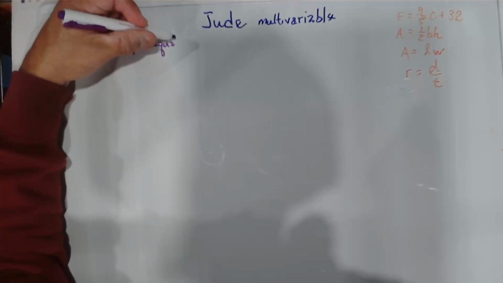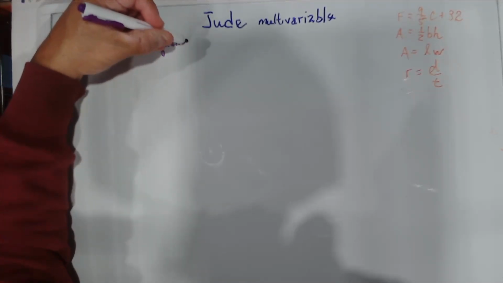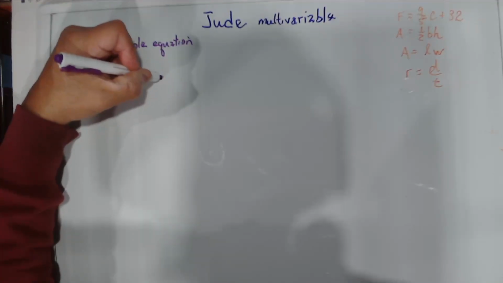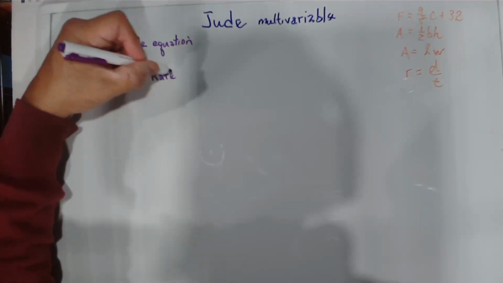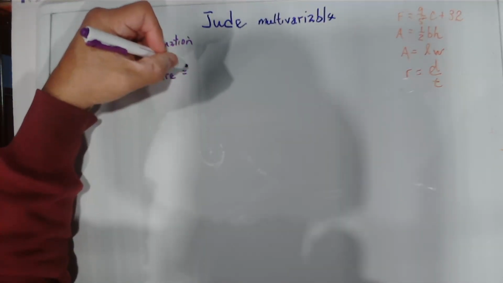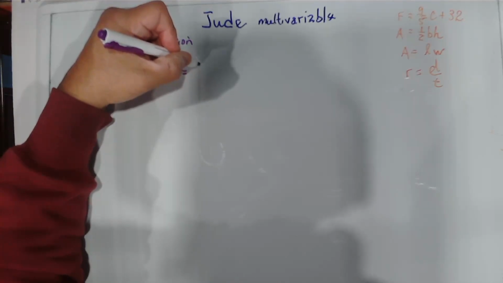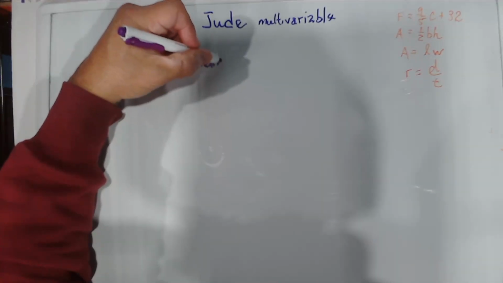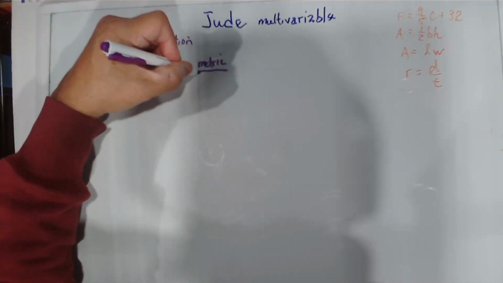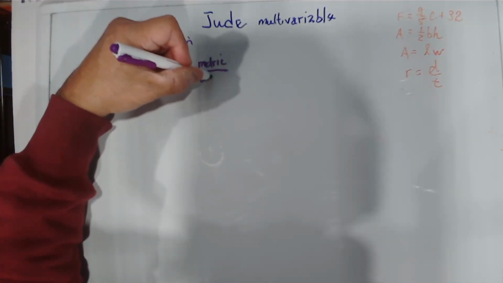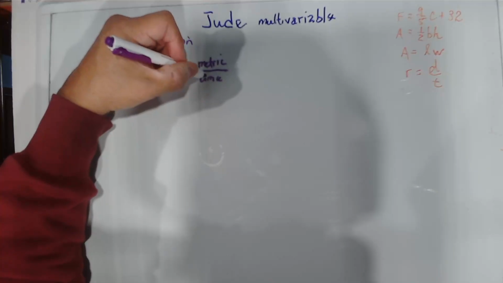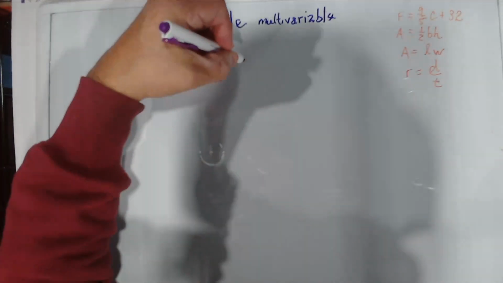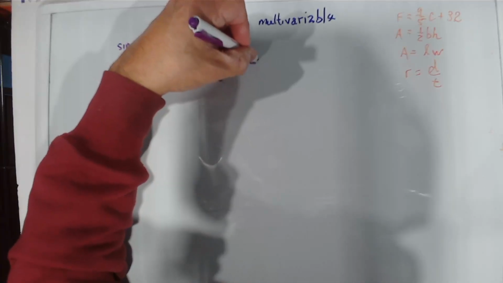And that simple equation is just going to be a rate equation. So we have a rate is equal to the metric, or what we're measuring, over time. That metric can be anything. It could be distance over time.